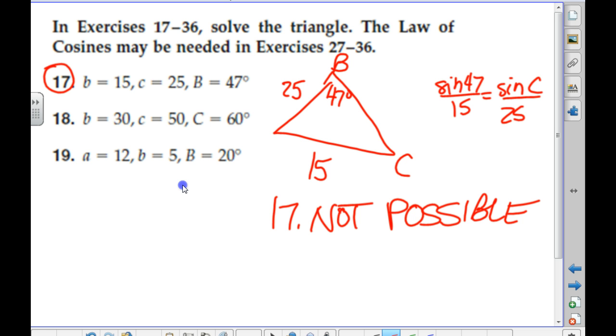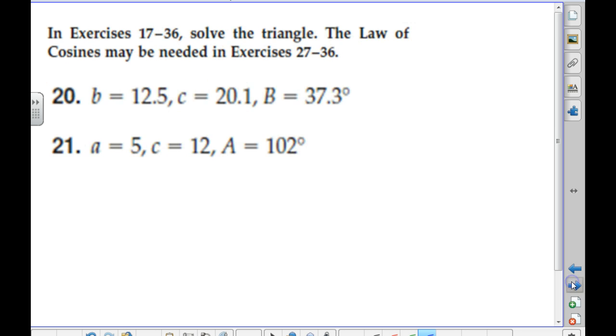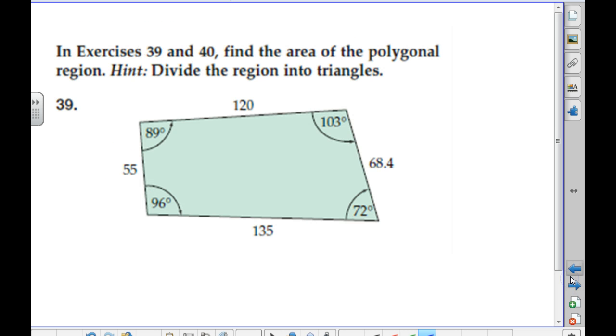Can we do number 39 on page 634? You just need to split this into 2 triangles, Rachel.